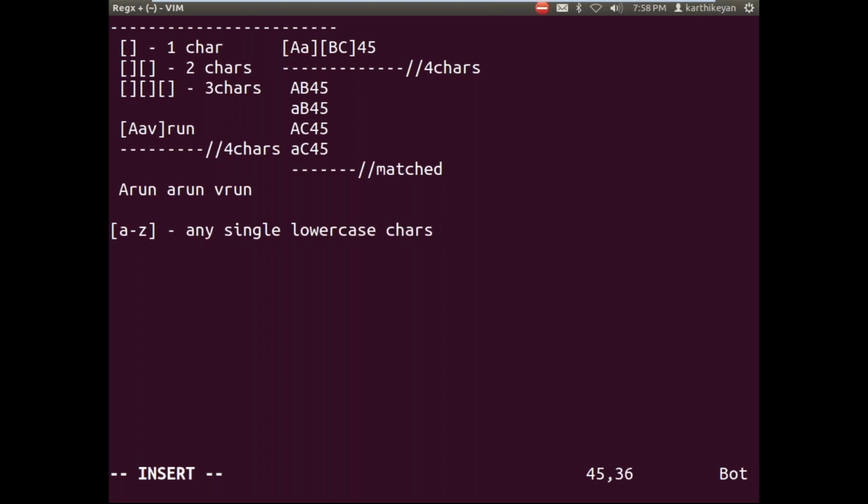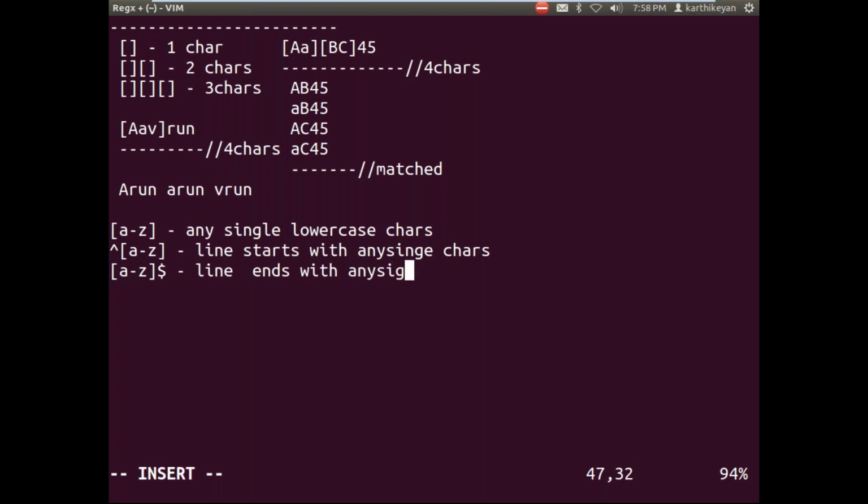If you put A to Z, the line starts with any single character. If you put A to Z with a dollar, the line ends with any single character.